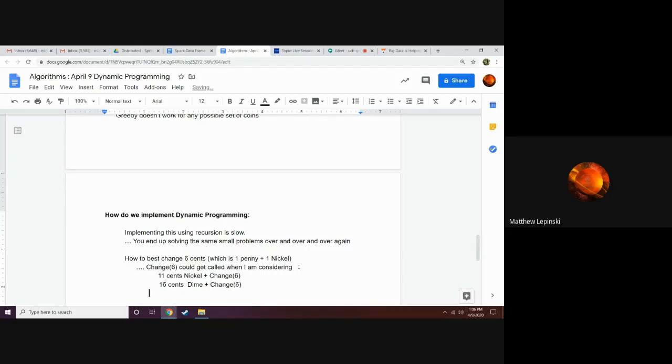And 31 cents is a quarter plus change 6.